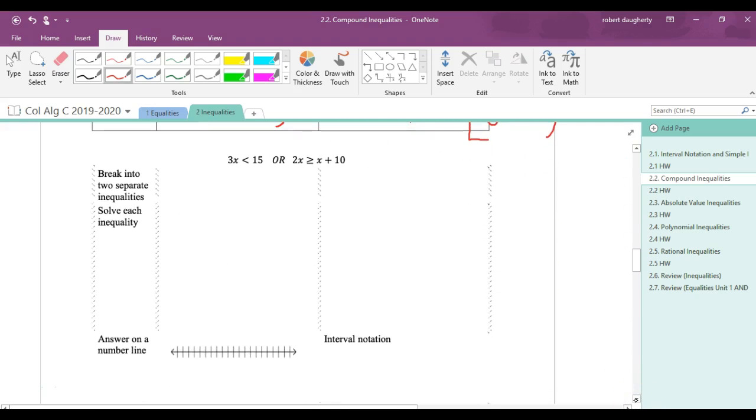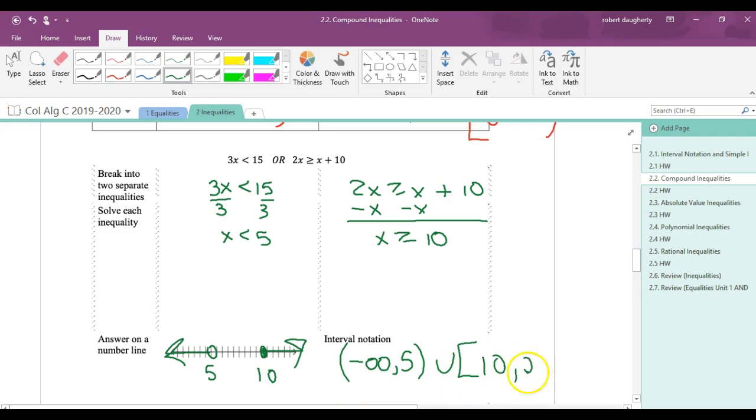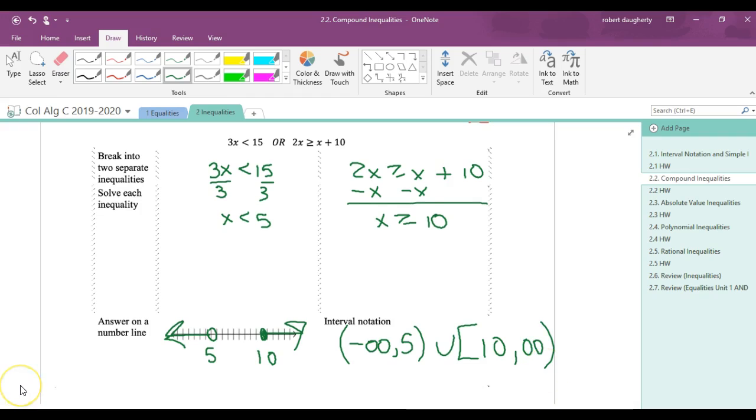Okay, you guys work on the next one, okay? Should have gotten somewhere to this.